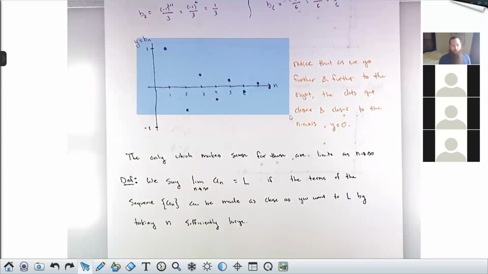In the example we have right here, the terms of the sequence 1, -1/2, +1/3, -1/4, +1/5, -1/6, +1/7, -1/8. These can be made as close as we want to 0 by taking n really, really, really big.